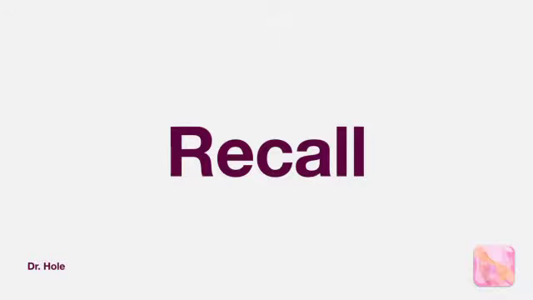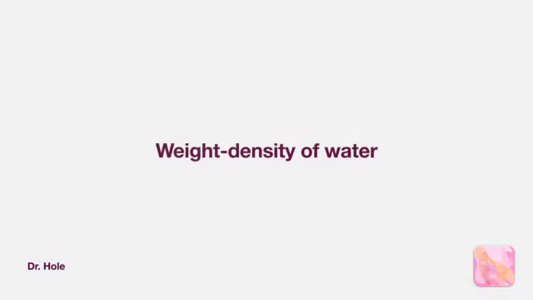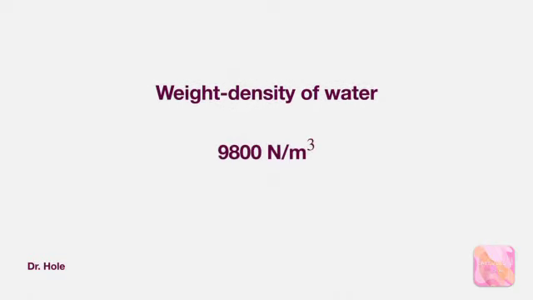How do we remove it? We have to pump it to the top. And pumping it to the top, we need to consider how much weight is present. The weight density of water, we can recall, is 9,800 newtons per cubic meter in SI units, or in US customary units, 62.4 pounds per cubic foot.